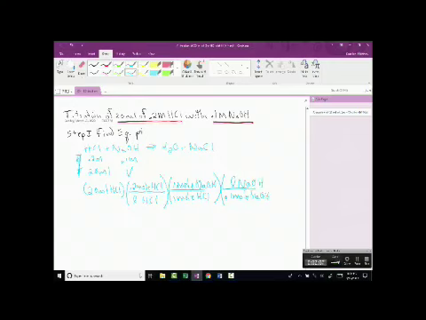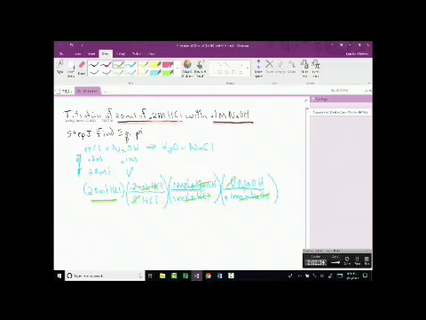Now, watch what happens. You might have noticed that over here, I did not do the conversion from liters to milliliters to liters. But if I do my canceling, my moles of sodium hydroxide cancel, my moles of HCl cancel, my liters cancel. I can think about this in terms of liters here and liters here.